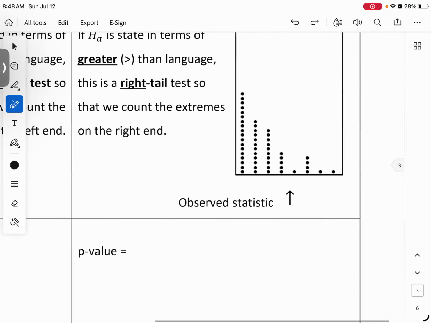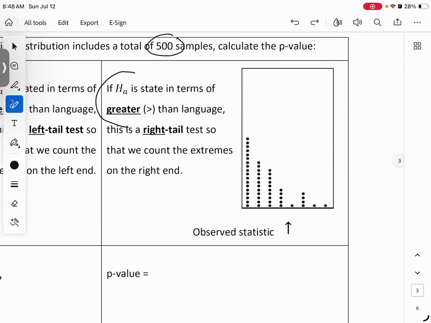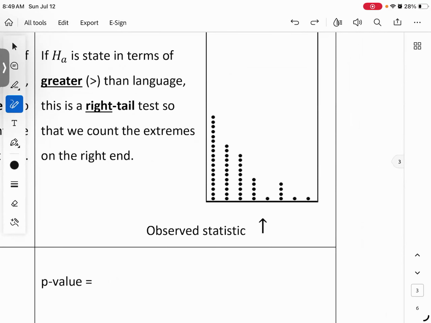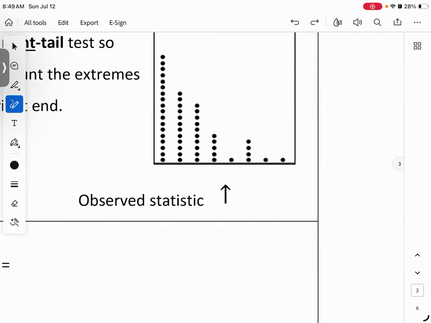Now, sometimes you're going to be doing a test to see whether something is greater than a value or whether group one is greater than group two. And so you would have a value and that would lead you to the right tail. Again, you would take your statistic, whatever was observed, and you would locate it based on the number line over here on the right tail.